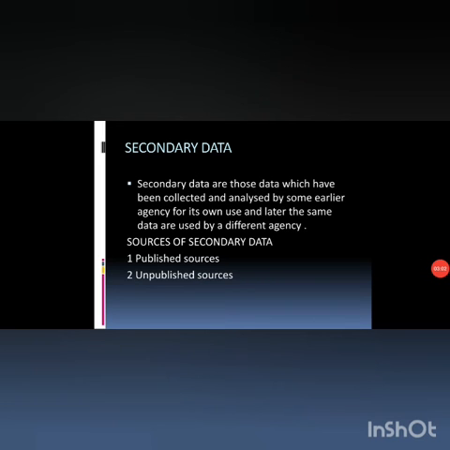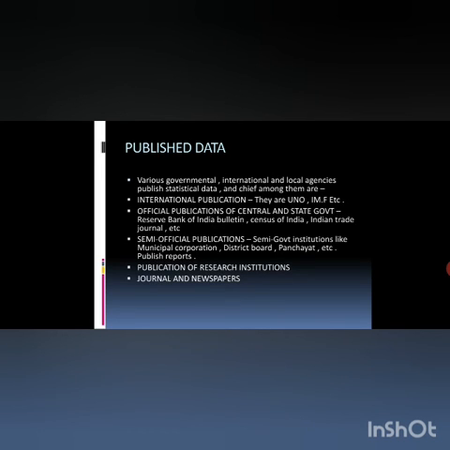Secondary data. Secondary data are those data which have been collected by some other person. We simply go and take this data from the other person. They are of two types: published sources and unpublished sources. Published sources. Ministries of the central and state governments in India publish a variety of statistics.